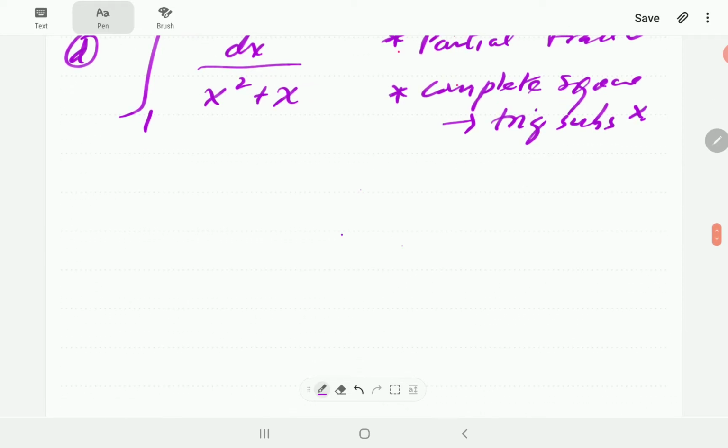So we're going to use partial fractions. So if we start with 1 over x squared plus x, if we factorize the denominator, we're going to have x into x plus 1.